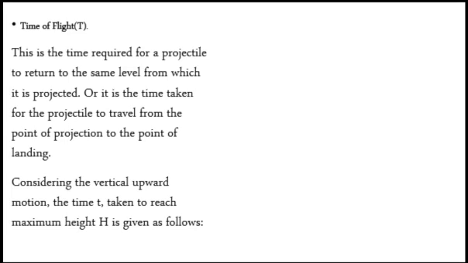So we are going to be using the equations of motion under gravity to derive projectile equations. Now for this one, we're going to be using v equals u minus gt. We use minus when the body is going up, and when the body is coming down, we take g to be plus. So this is minus for object going up. It will be plus when the object is coming down.